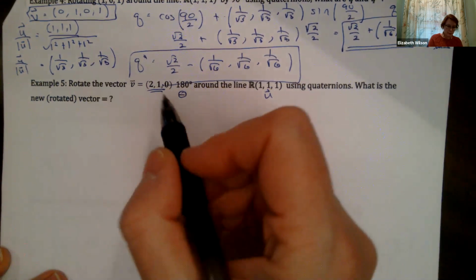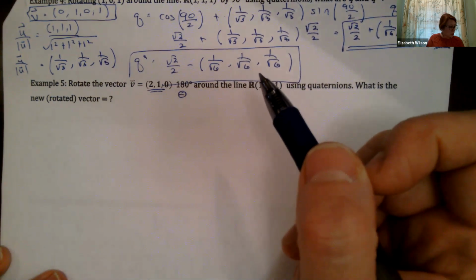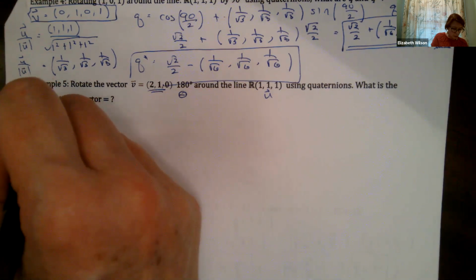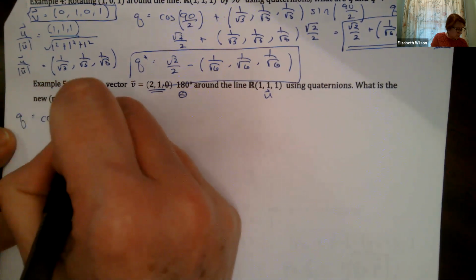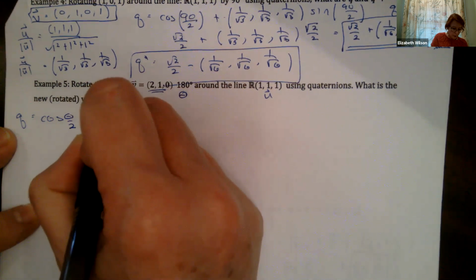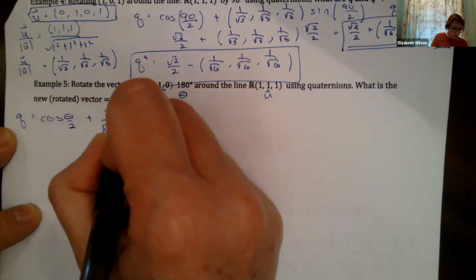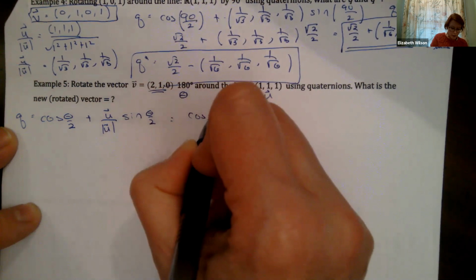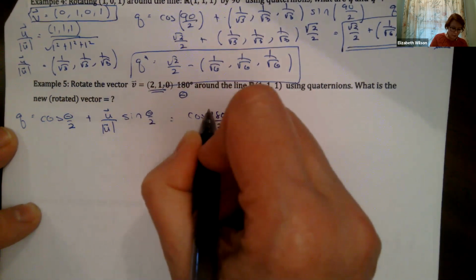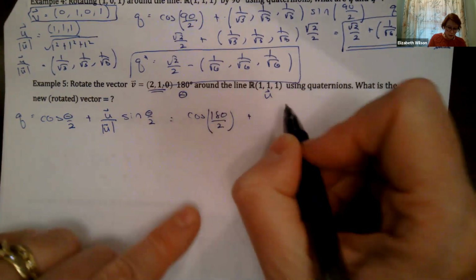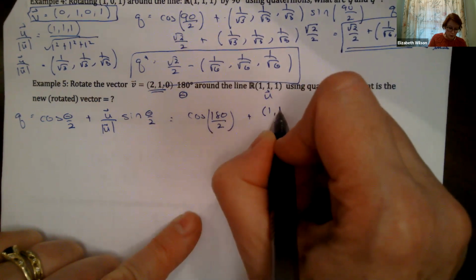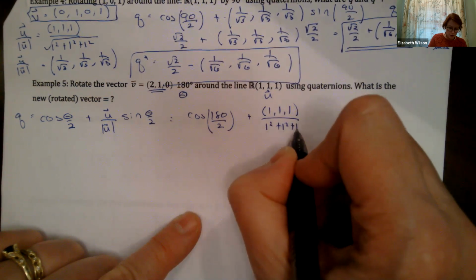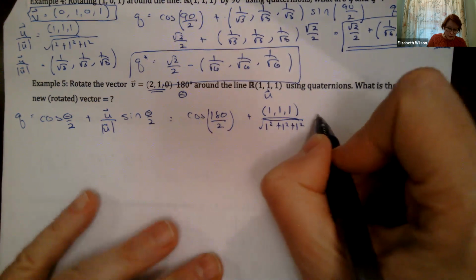So I need to come up with Q and Q star first off. My Q is equal to cosine of theta over 2 plus U divided by the magnitude of U, times sine of theta over 2. Let's fill in the blanks. Cosine of 180 divided by 2 plus, this is U, 1, 1, 1 divided by the square root of 1 squared plus 1 squared plus 1 squared. We just did this, but I'll do it out again.